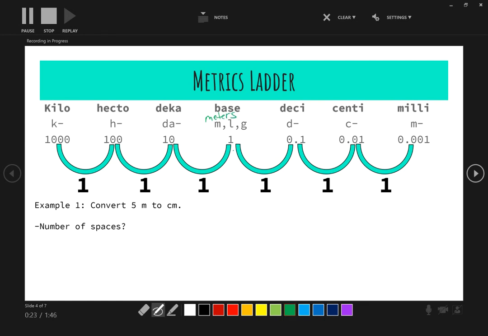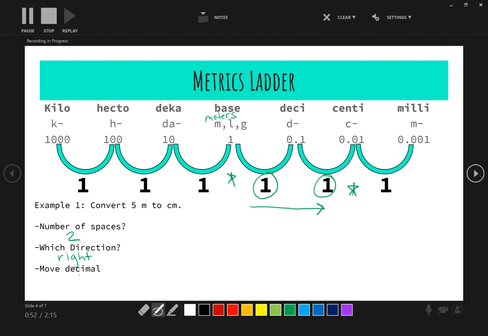So we're currently at our base, and we're going to go to centi. How many are in between? 1, 2. So we're going to move a total of 2 places. In which direction did we count? We counted from the left to the right. So we're going to move to the right.